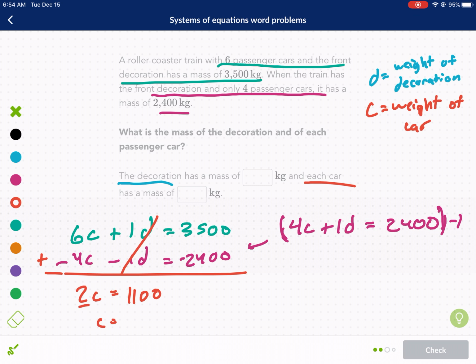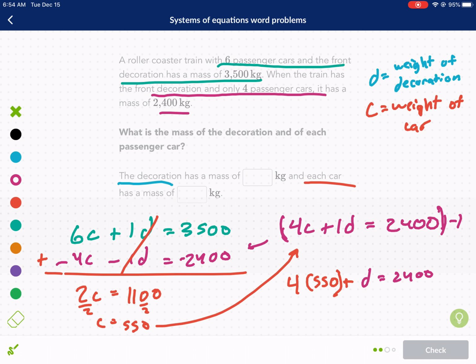So C equals 1,100 divided by 2, 550. Now all we have to do is plug this back into the equation. I'm going to plug it in over here. So we get 4 times 550 plus D equals 2,400.